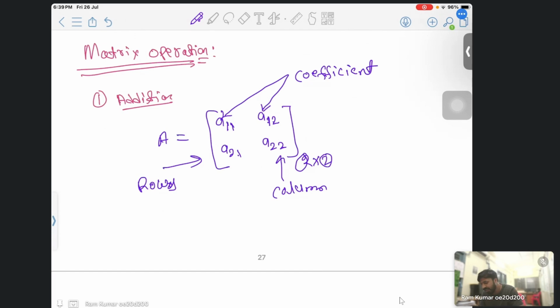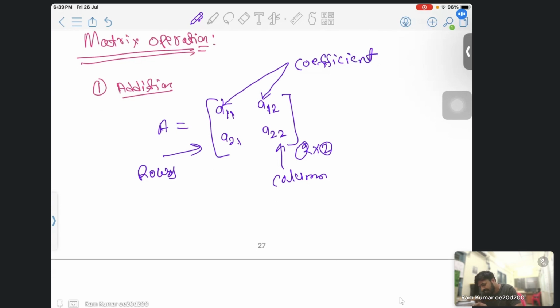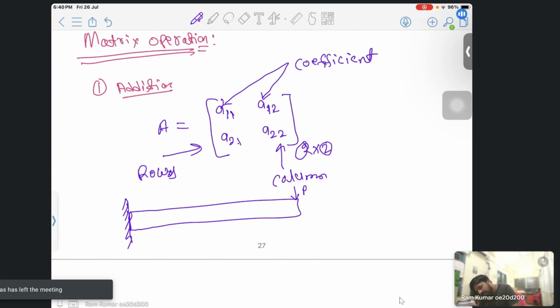It can be anything. For example, just for an interesting thing, in FEM, what are we doing? This is our simple beam structure, or simple cantilever beam, and we are putting some load P here. I want to solve this and calculate the deformation at point A, some point in the beam.